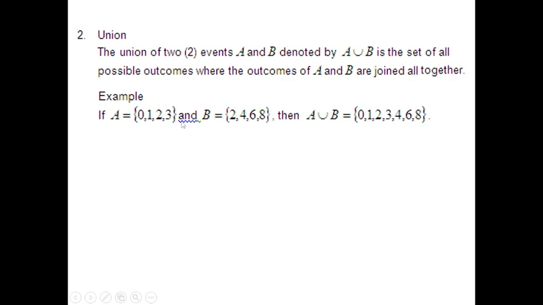So we have 0, 1, 2, 3, then 2 is written once only, okay? So that's why meron tayong 2 lang doon. And then 4, 6, 8. So we just write all the outcomes from A and B. So this is now the union of the two events, A and B.